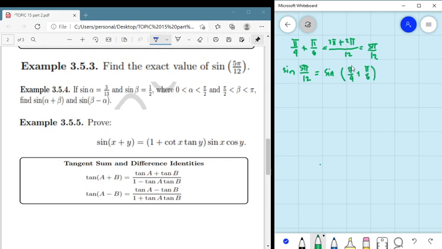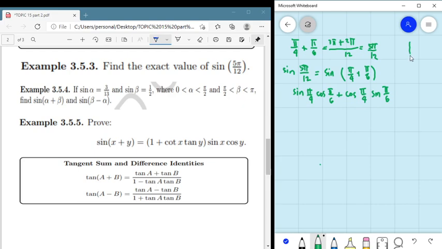Since it is plus, it should be sine pi over 4 cosine pi over 6, plus cosine pi over 4 sine pi over 6.